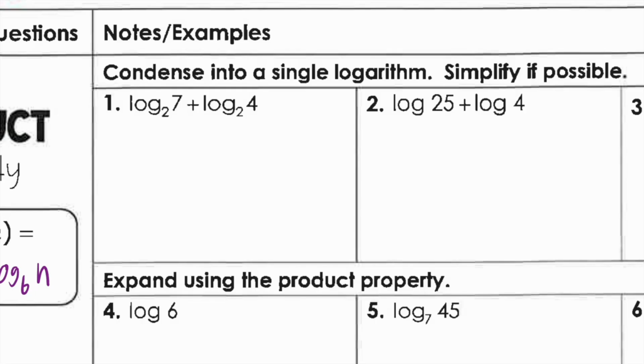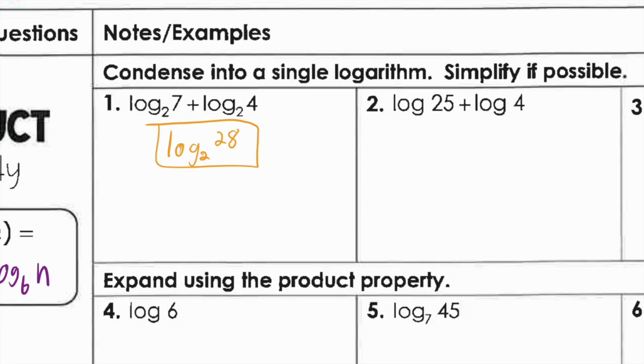So as we condense, these are both log base 2. If they were different bases, we wouldn't be able to do anything with them, and the problem would just be done. But as it sits now, since they're adding, that means what we're taking the log of is really multiplying together. That would serve as our m and n. So this becomes log base 2 of 7 times 4, 28.